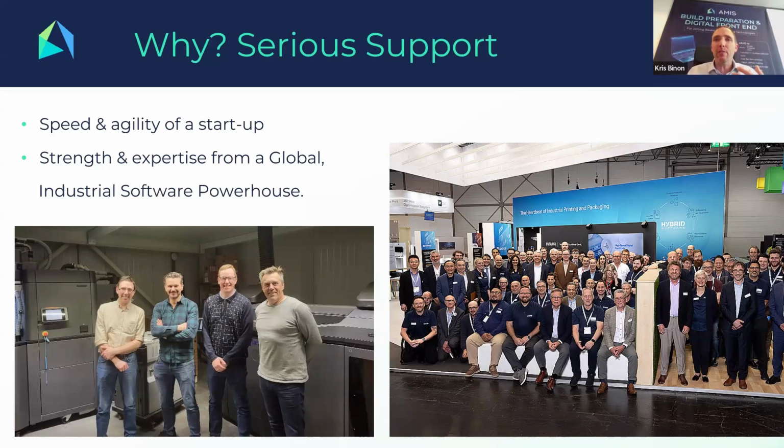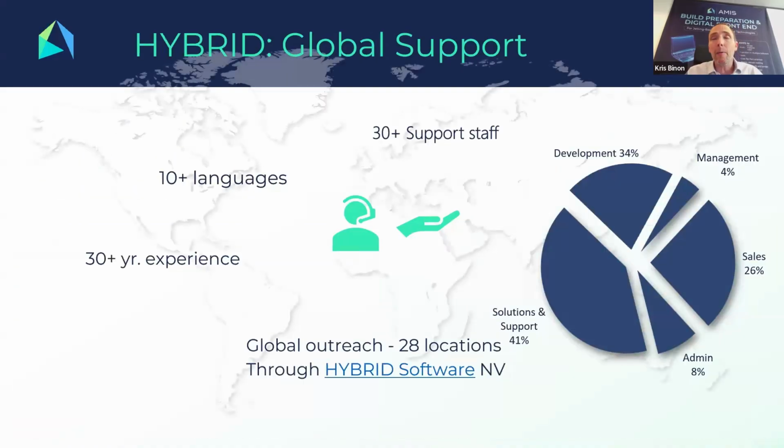Because basically, yes, it gives us speed and agility. We can move fast. We can go forward very quickly. But we're assured of this backup of a whole team, a global team, with representation all over the world, and also allows us to get the necessary support off the shelf somewhere if that's actually needed.